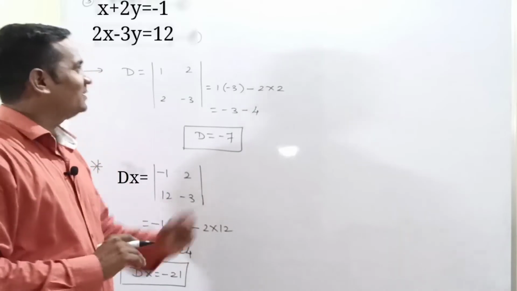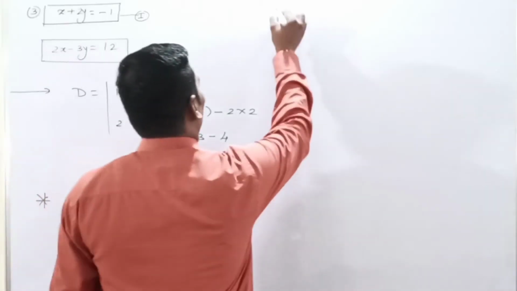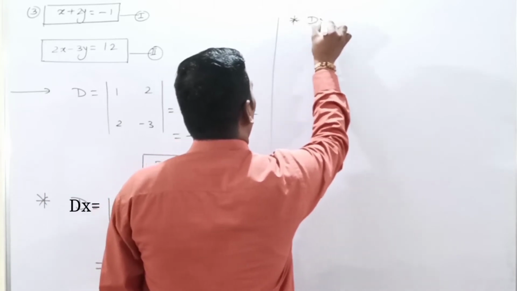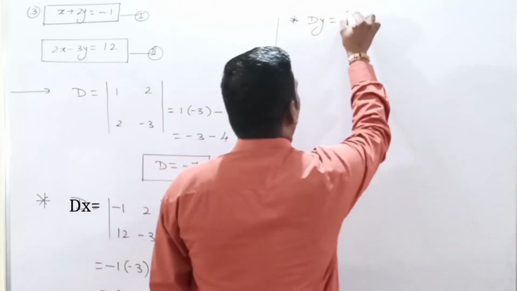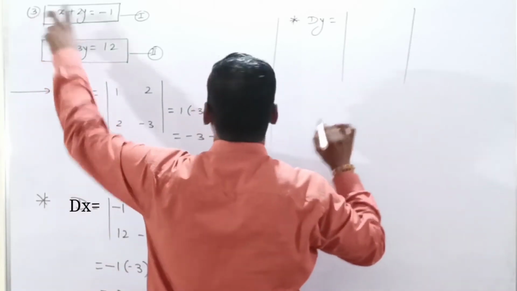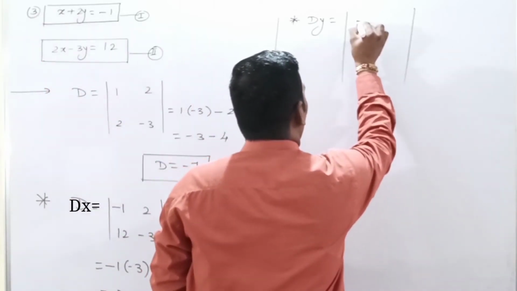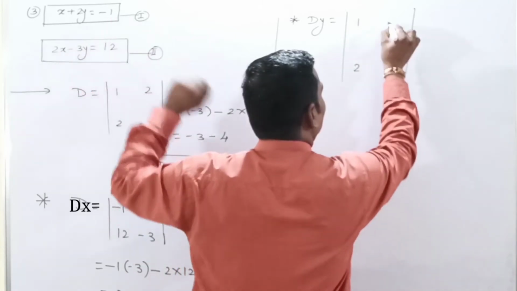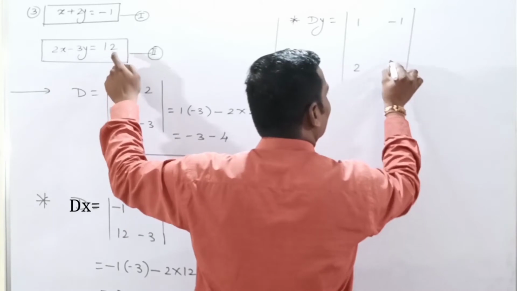So let's find out the Dy now. So here it is, with the star we can write here, Dy is equal to, again we have to take the determinant here, coefficient of the first term in a column, 1, and this one is 2. Now here is minus 1 and 12.